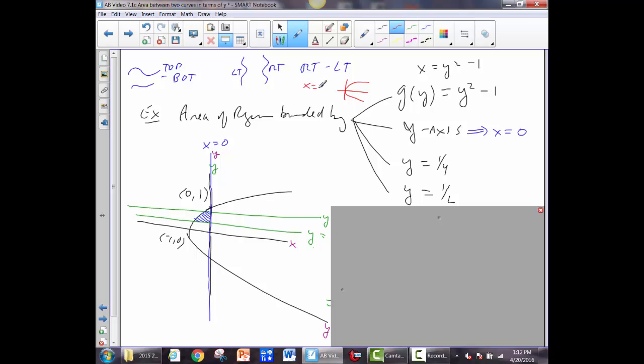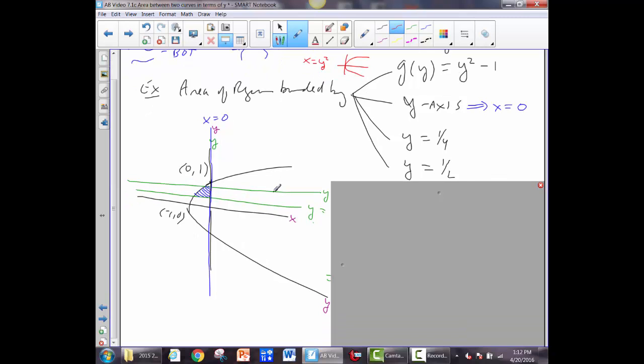So when you subtract 1, you're actually going to move to the left one, because it's the x that's getting 1 smaller than it was, okay? So that's why it's over here at negative 1, 0. So we have our black curve, we have our blue axis, and then we have these two green horizontal lines. So the only region bordered by all of those is this little shaded region here.